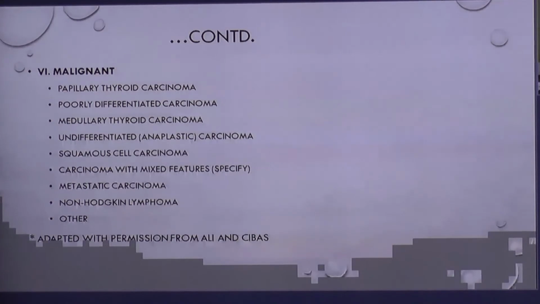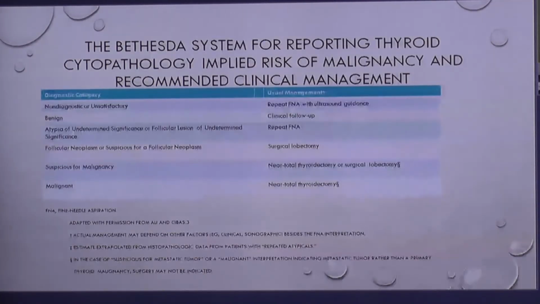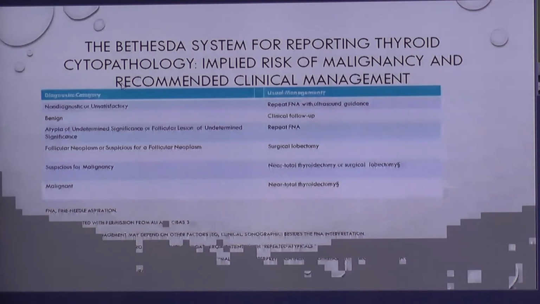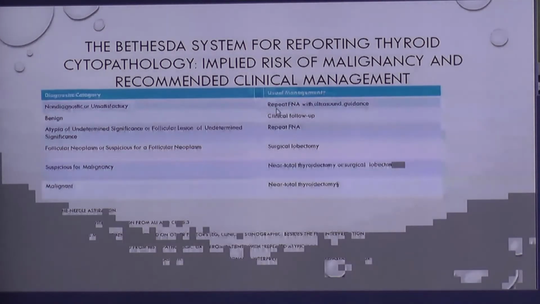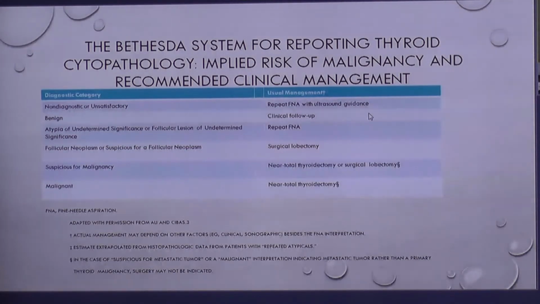Now, if we have a look at this implied risk of malignancy and recommended clinical management, on the left side we see that when our report is of non-diagnostic or unsatisfactory category, the management will be repeat FNAC with ultrasound guidance. When it belongs to benign category, then our management will be clinical follow-up.